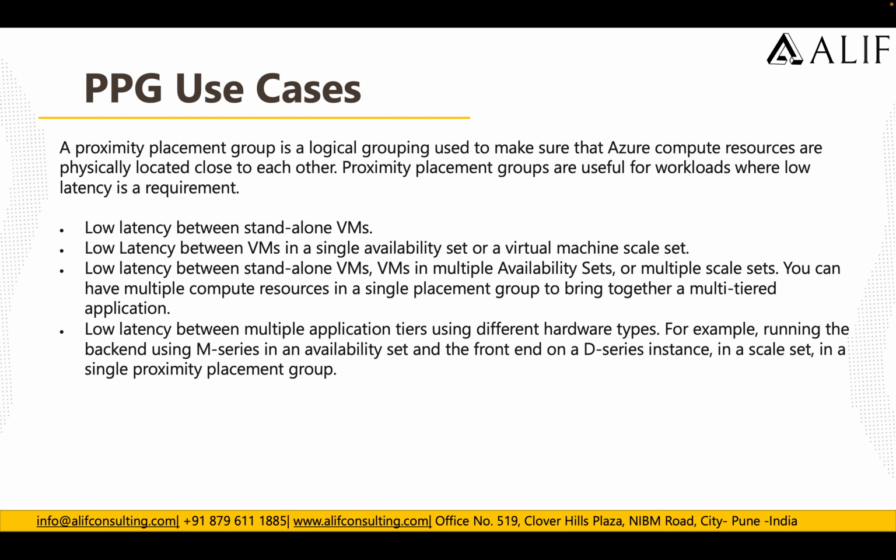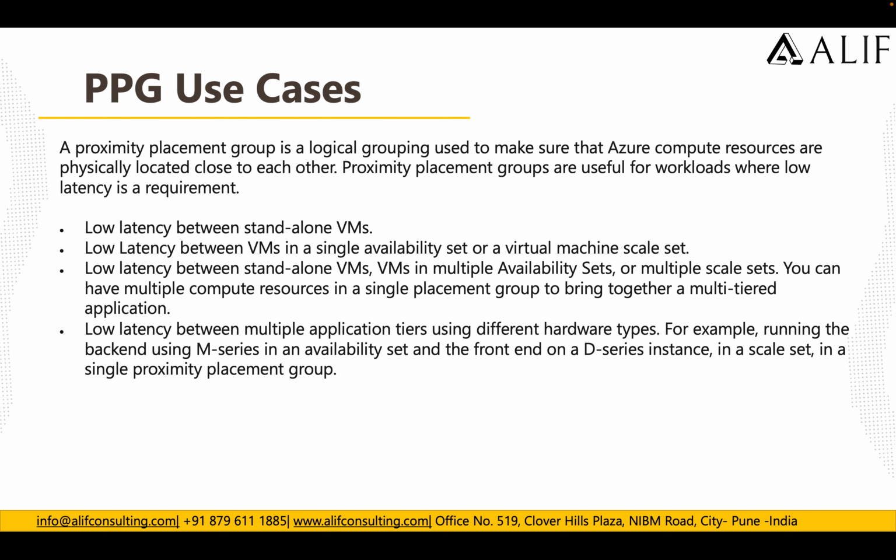Now, one example I can give you: let's say you are running a multi-tenancy application, where you have multiple databases in the back end running on VMs, but in the front end you only have two application servers with multiple directories, right?